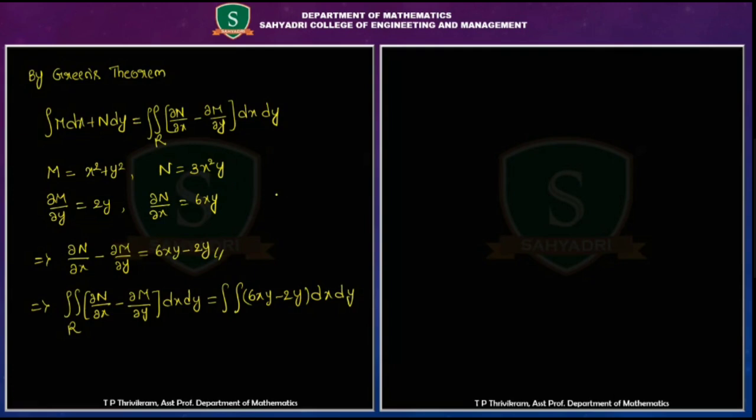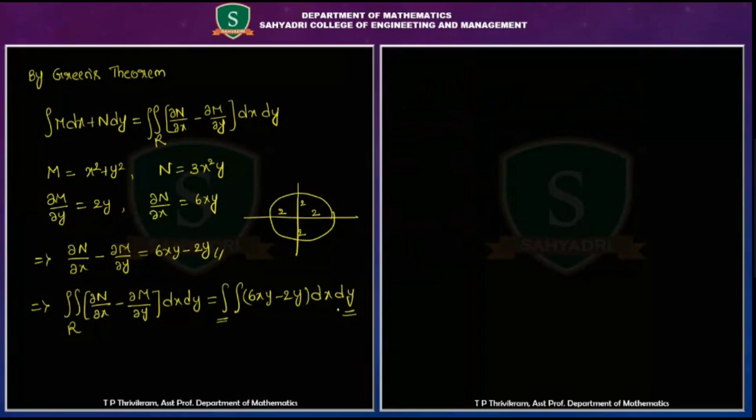If you want to find the limits, again draw the diagram. It's a circle, right? So what is the radius here? That means this radius is 2, this length also will be 2. This length is also 2 and this length is also 2 because the radius is the same over the axes. Now what are the limits for y?